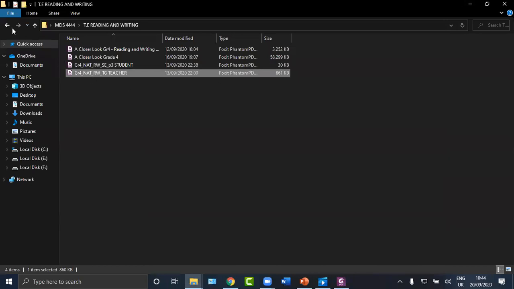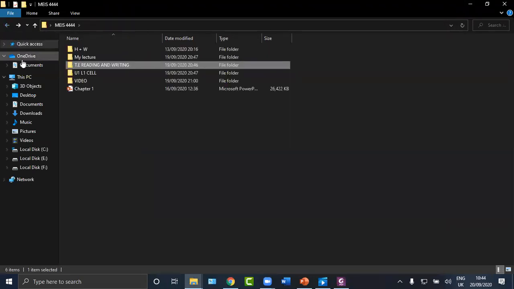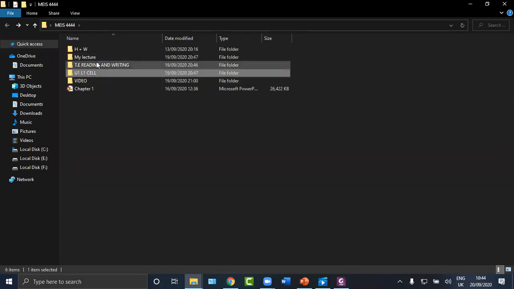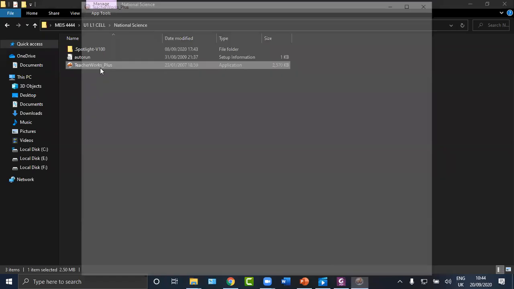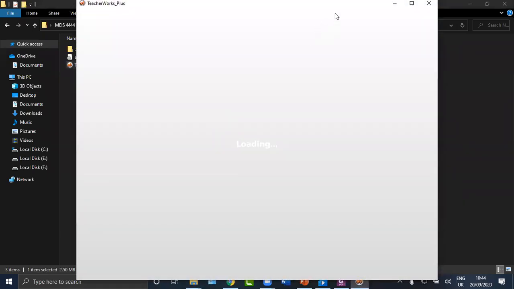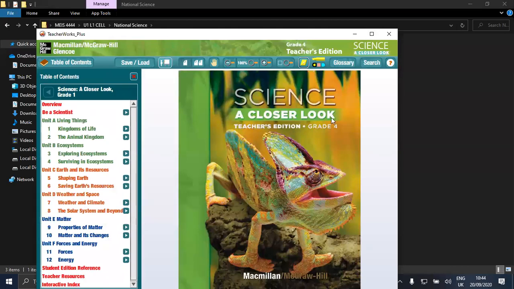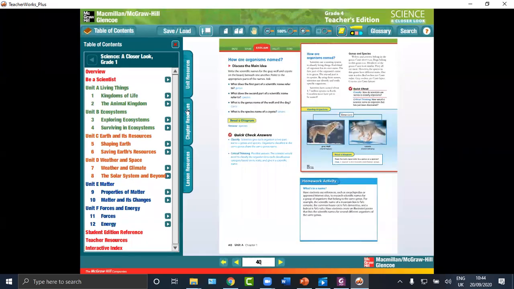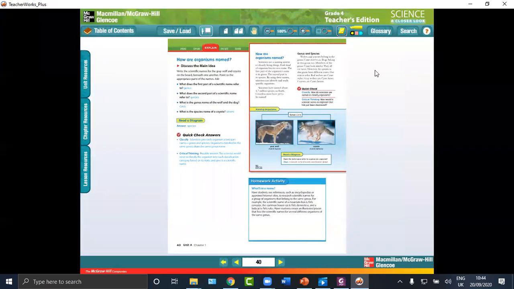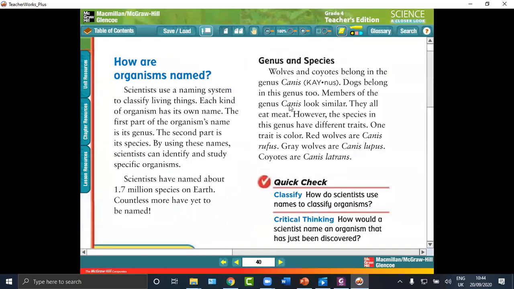We reopen the program. Page 40. Now, how are organisms named?